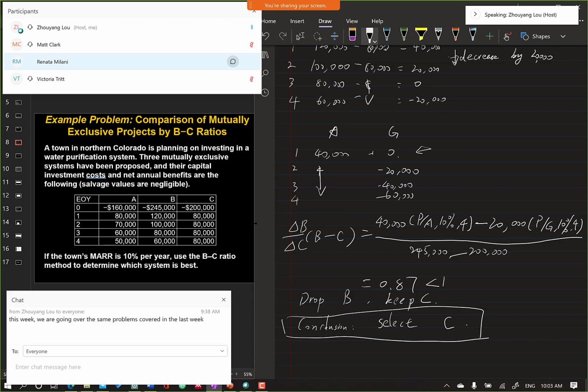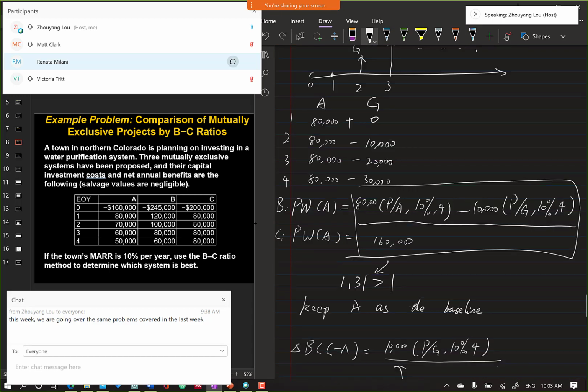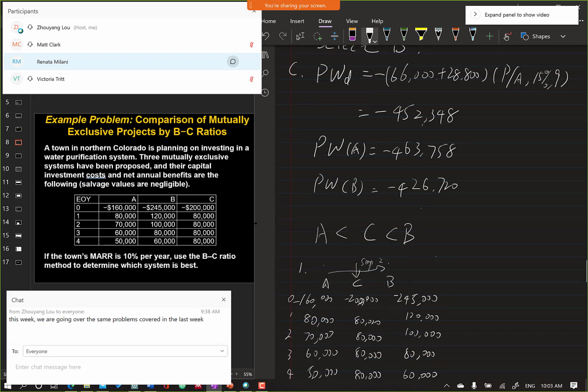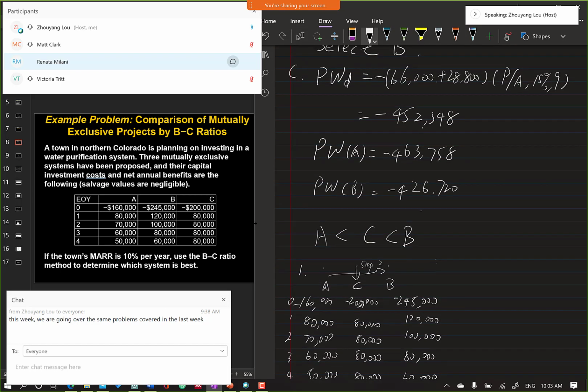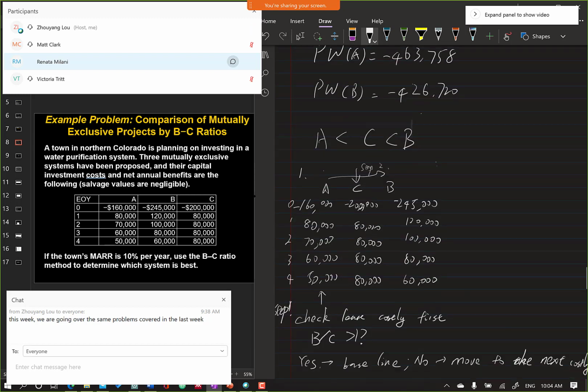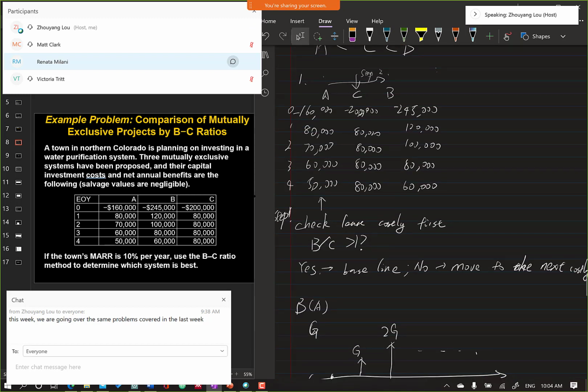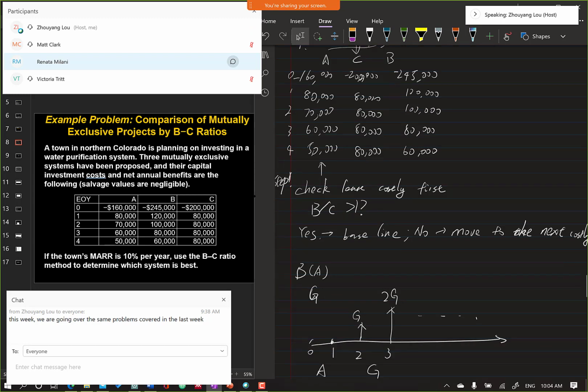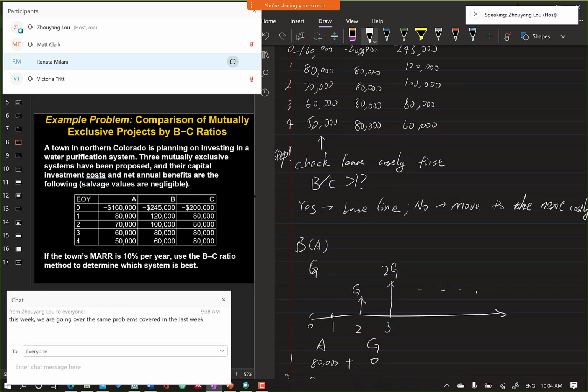So the first step, we will reorder all these projects based on their initial investment cost, from the least costly to the most costly, like here, say C, B. Then we check first the least costly project and calculate the benefit cost ratio.